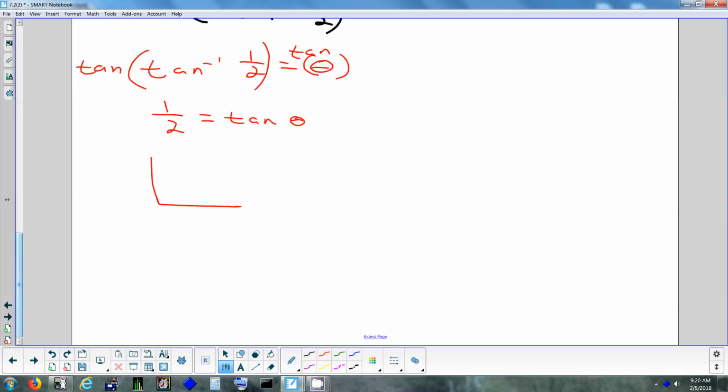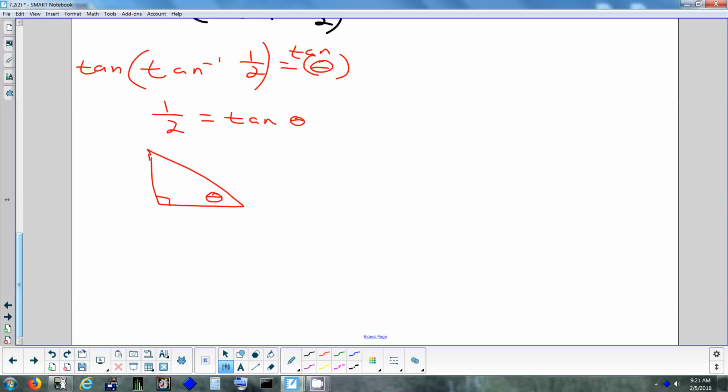Trevor, in my right triangle diagram, what two sides am I labeling? Opposite and adjacent. Yep, opposite and adjacent. And what would you make the opposite? How long? Can you tell me what's the definition of tangent again? Is it opposite over adjacent?